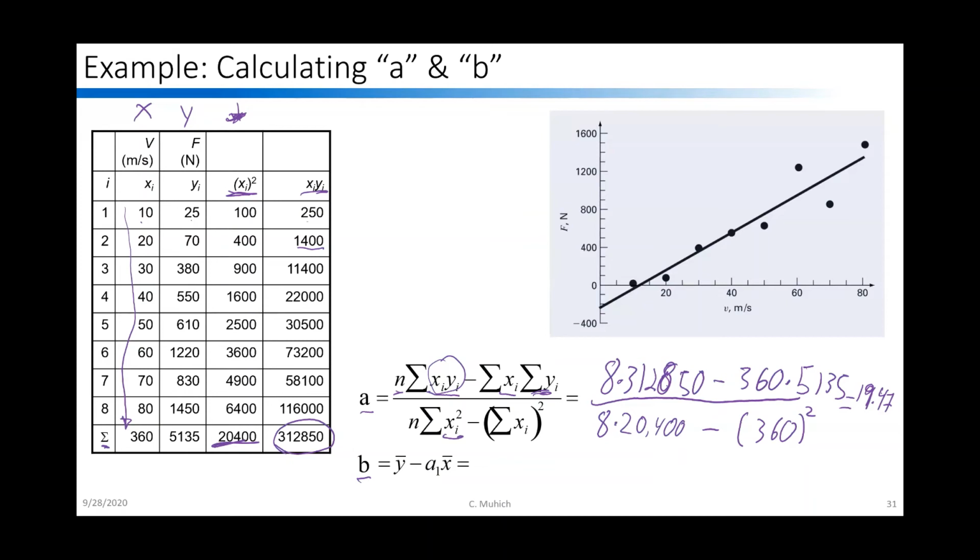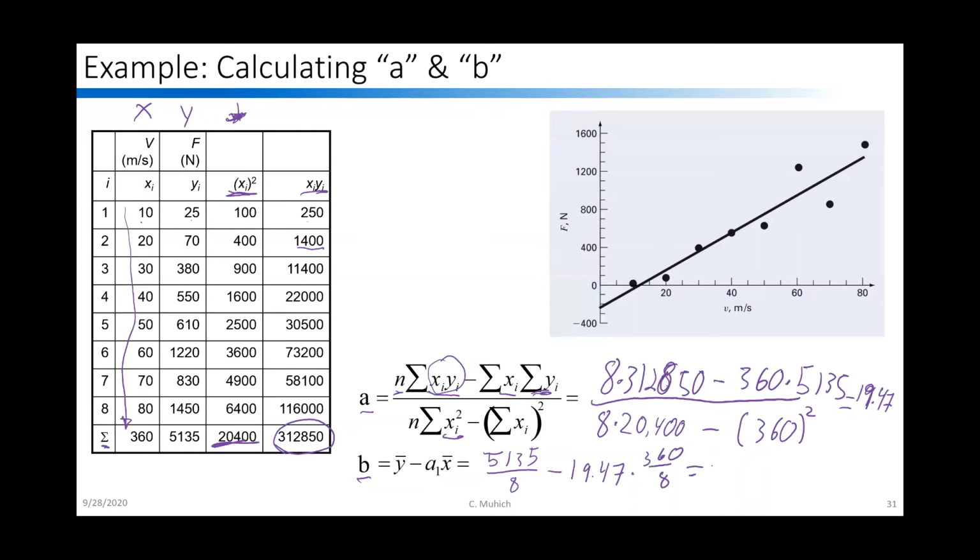For my b, I can calculate my average y. Well, that's the sum of each individual piece, 5135 over 8, minus a, which is 19.47, times the average x, which is 360 over 8.